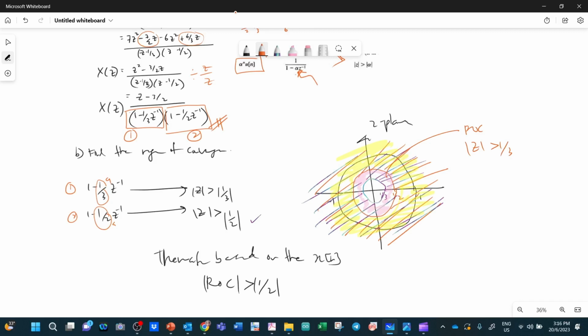Okay, so to define the ROC for x[n], for the whole system, you need to take into account both ROCs, and which part is overlapping. So overlapping is at more than 1 over 2. Both are overlapping because it's outward. Okay, so therefore the ROC is given by this.